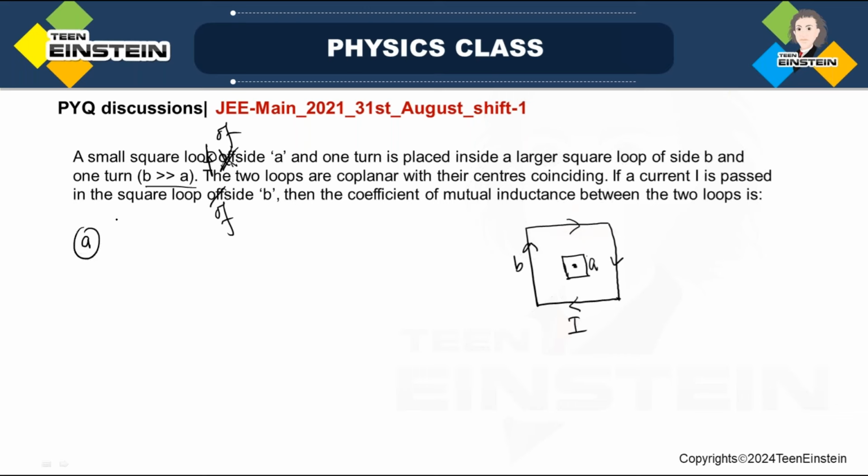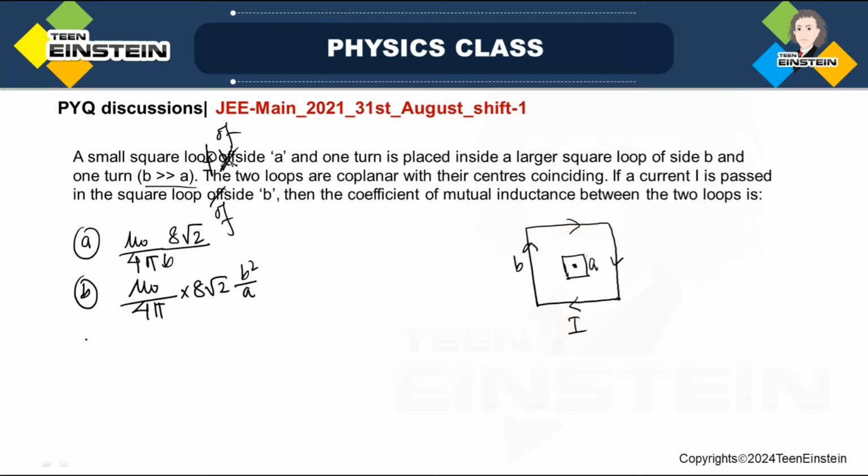Let me write down the options. The first option says it is mu 0 by 4 pi, 8 root 2 in the numerator, over b. Option B says mu 0 by 4 pi into 8 root 2 b square by a.